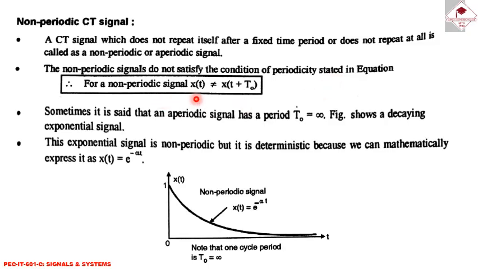So a non-periodic signal is defined by the equation x(t) is not equal to x(t + T0), and this is one graphical representation of a non-periodic signal. Here this exponential signal is non-periodic, but it is deterministic because we can mathematically express it as x(t) = e^(-αt).